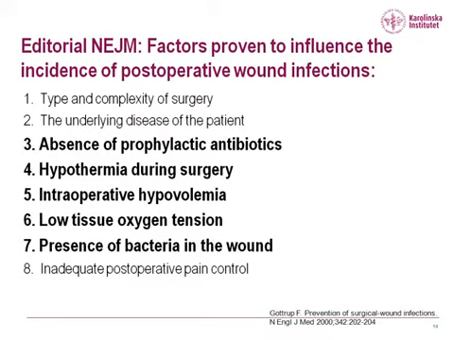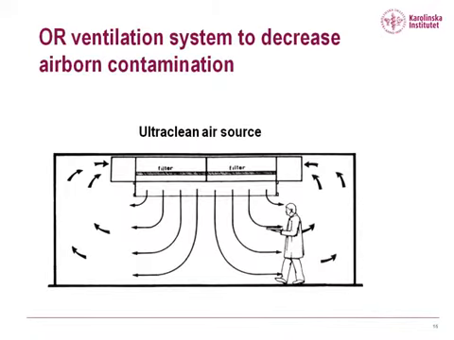These 2 factors you can't do anything about. These 5 factors are intraoperative factors, and you have to secure adequate postoperative pain control. So the main message, this happens intraoperatively.